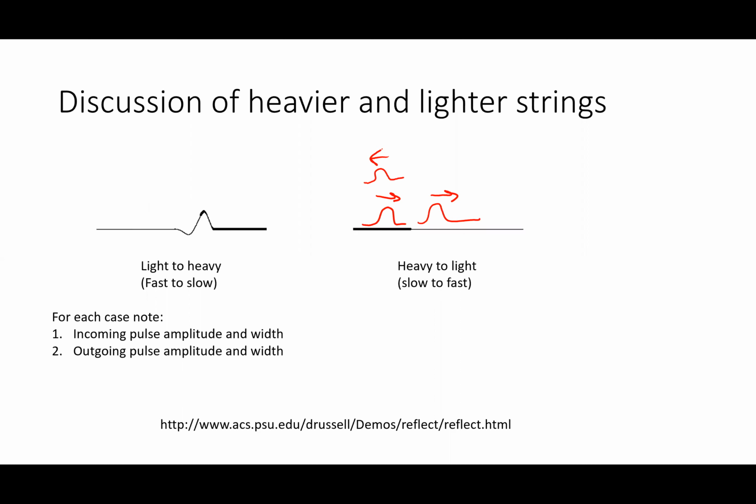For example, light travels in water more slowly. So if we want to figure out what's going on at the interface between two different materials when light goes from one medium to another, this reasoning of thinking about a wave on a light string versus a heavy string becomes really conceptually helpful to explain what's going on. So that's the reason why we're introducing this, what seems like a really niche case.